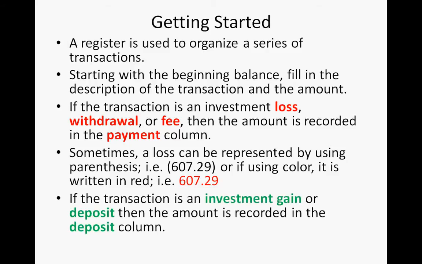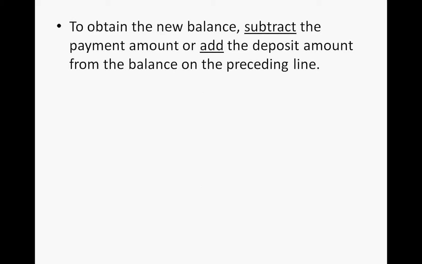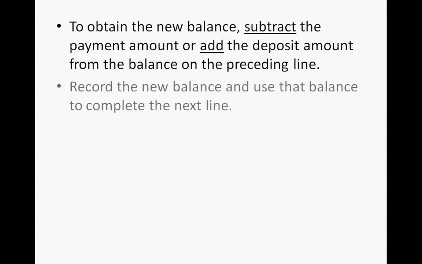If the transaction is investment gain or deposit, then the amount is recorded in the deposit column. So to obtain the new balance, we subtract the payment amount or add the deposit amount from the balance on the preceding line, preceding meaning the line before. So record the new balance and use that balance to complete the next line.